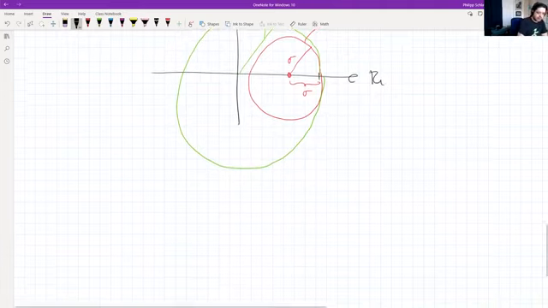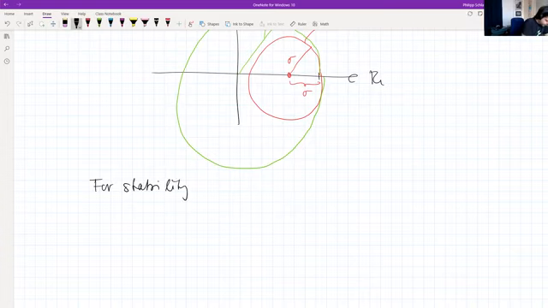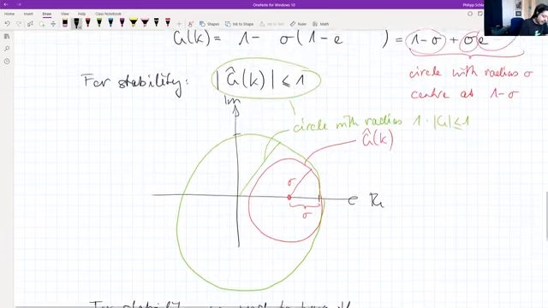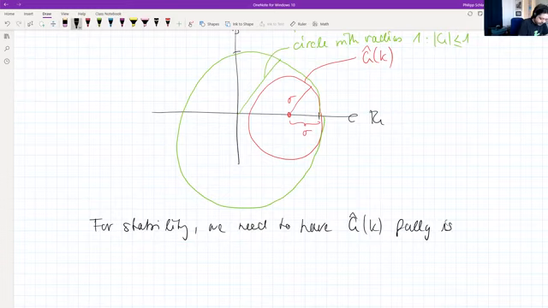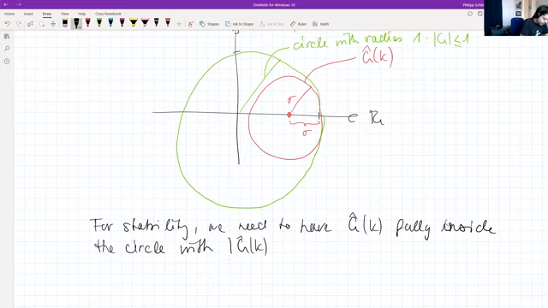So if you write that down, for stability we need to have g hat of k fully inside the circle with a radius of 1.